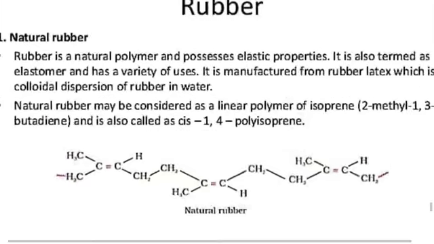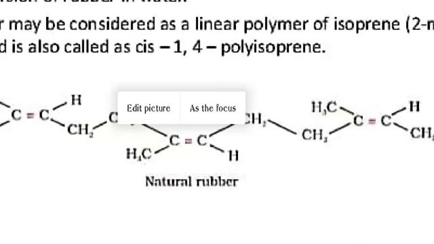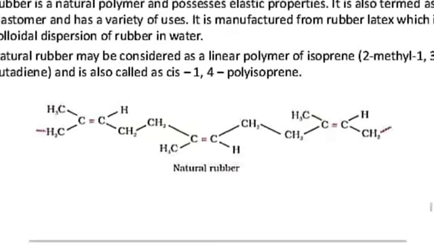Cis, you need to understand, means that with respect to the double bond, the similar groups, the bulkier groups, are on the same side, and the other remaining groups are on the other side. So natural rubber should have cis configuration, then only it's natural rubber. So cis-1,4-polyisoprene is natural rubber.